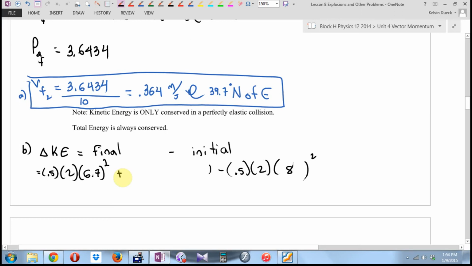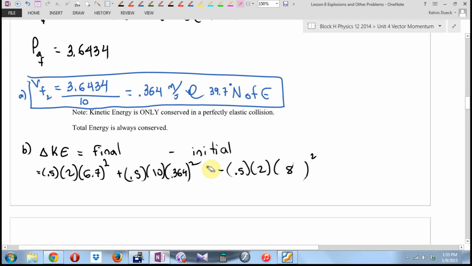Yeah, it's all the final. So add all the final together, minus the initial. A half, 10. Oh, and we just calculated how fast the 10 was moving. 0.364 squared. There is my final, all of it, takeaway initial.